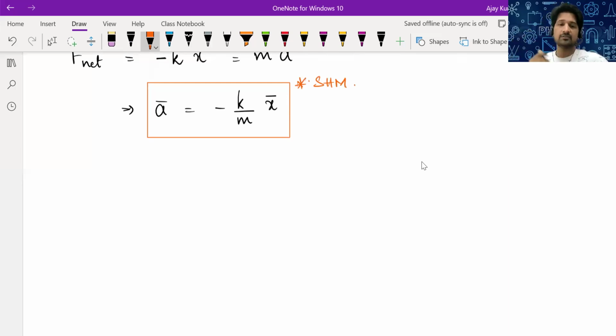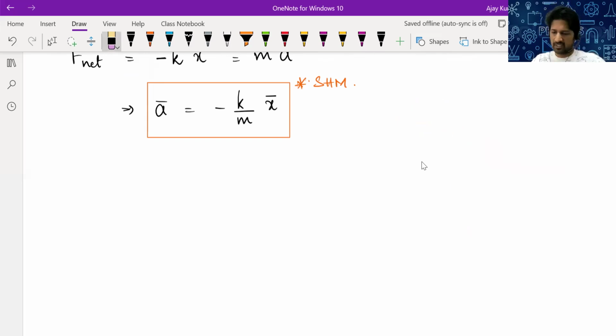So we'll have to derive some equations here. The equations we are interested in are, first, the position time equation, position velocity equation, velocity time equation, okay, acceleration time equation, all these things. You should be very comfortable deriving all these. Okay, so let us start working on this.